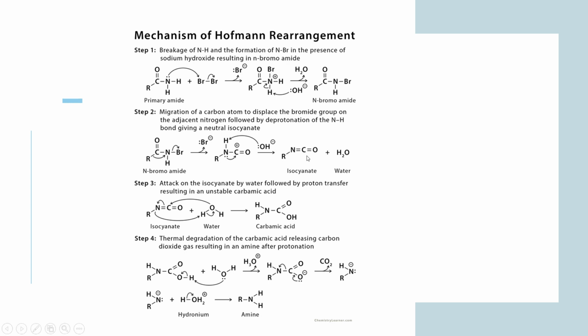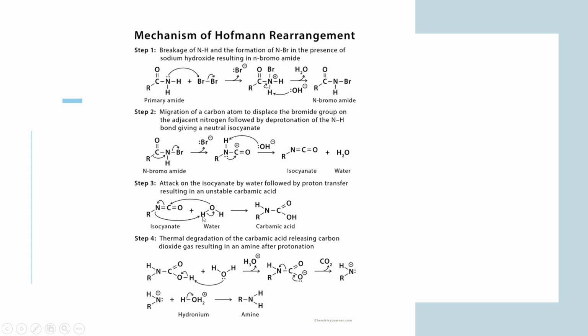Then after the formation of this isocyanate, what happens, it can react with the water molecule in the medium. So this water will get added to this isocyanate to give you carbamic acid.